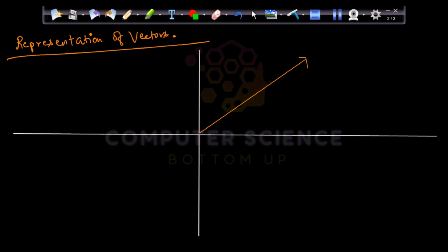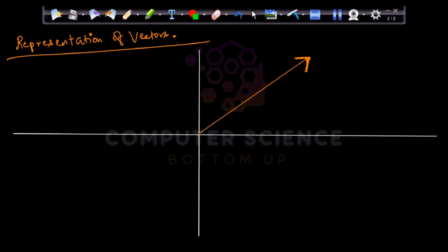Yes, of course. This is one of the representations of a vector, as an arrow. The length of this arrow represents the magnitude of the vector, and the pointing of the arrow represents the direction of the vector.